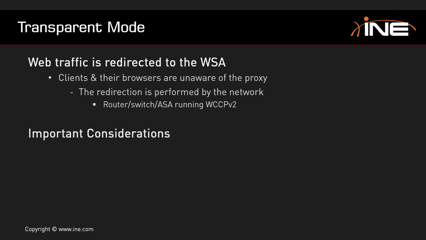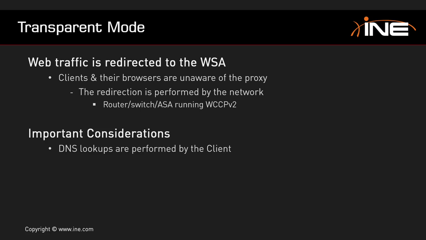Like in the previous case, there are going to be a few things you have to think about when you deploy transparent mode WSA. First of those things is obviously the DNS resolution. And as I just said, the name lookups will in this case be performed by our clients because the clients are not aware of the WSA. Their browsers are not configured with any proxy settings.